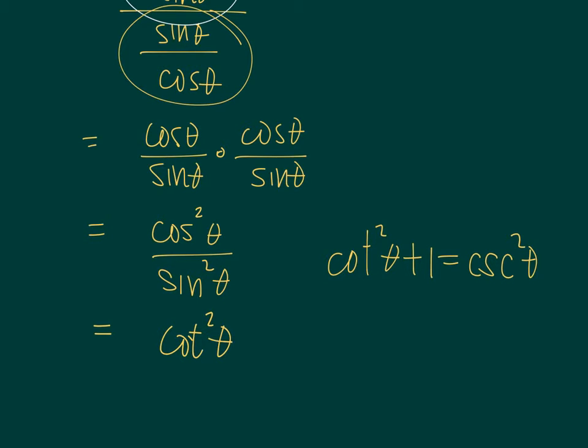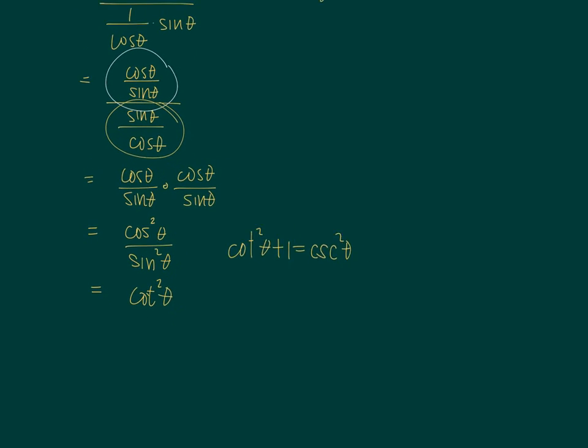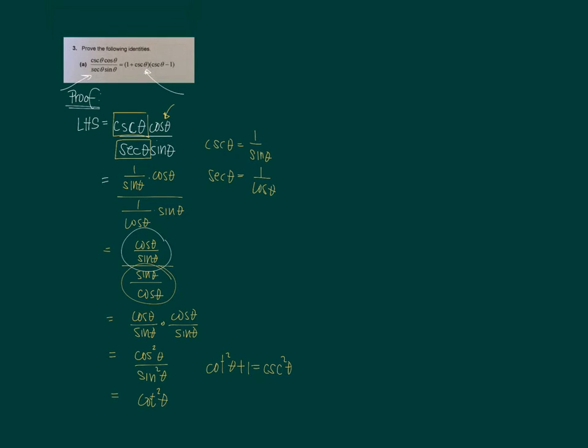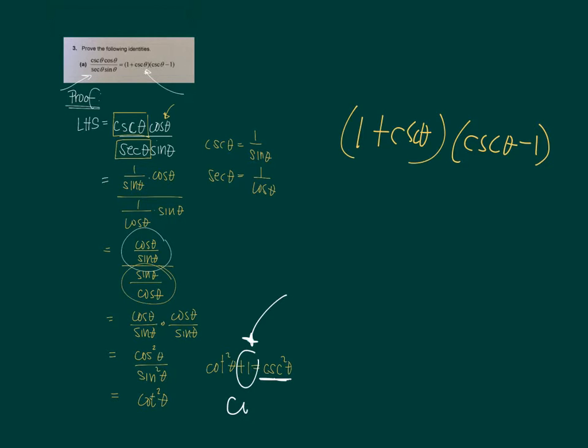Okay, now I'll take you back to the one that we're trying to prove. We wish to create 1 plus cosecant theta times cosecant theta minus 1. Now if you look at the identity, you see the 1 here, you see the cosecant. So somehow, you could make this cotangent squared theta equal to cosecant squared theta minus 1. And you're very close to what we are trying to prove.